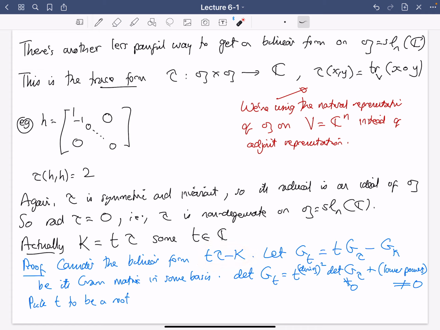But it's an invariant bilinear form. Since it's invariant, its radical is an ideal, but we're dealing with a simple Lie algebra. So once its radical is not 0, it must be everything. So actually it must be identically 0. But if this form is identically 0, this shows that kappa is T tau, as I claimed.